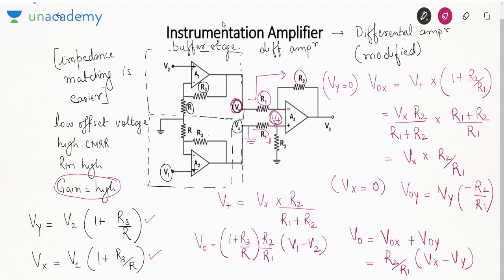So as you can see, two gains are being multiplied, 1 plus R3 by R and R2 by R1. Is this fine for all of you? Okay, this is very easy. First, in the buffer stage, I have identified that it is a non-inverting amplifier. I have found out the output of the buffer stage, and then I have used it as an input to the differential amplifier and found out the output of the differential amplifier.